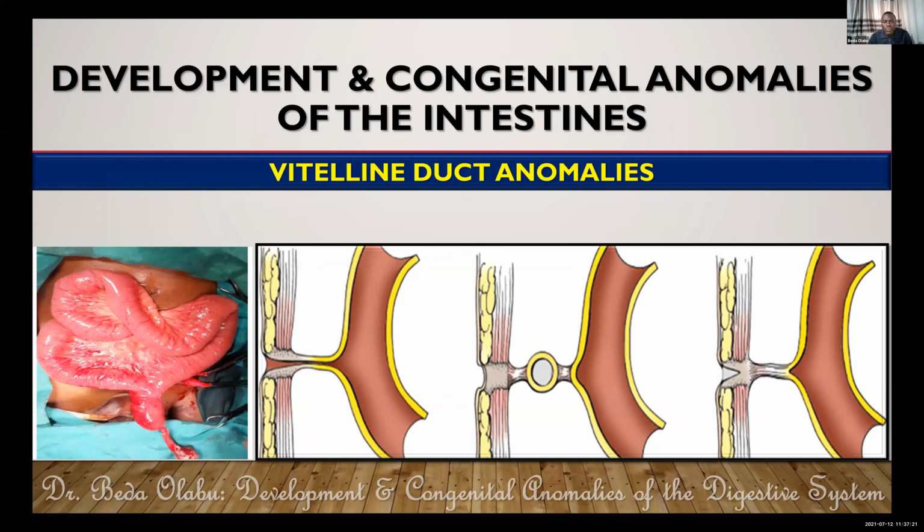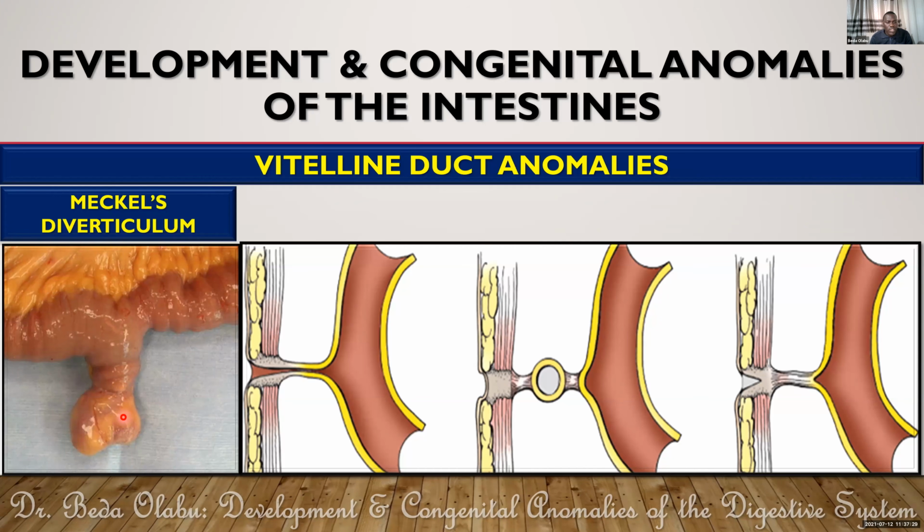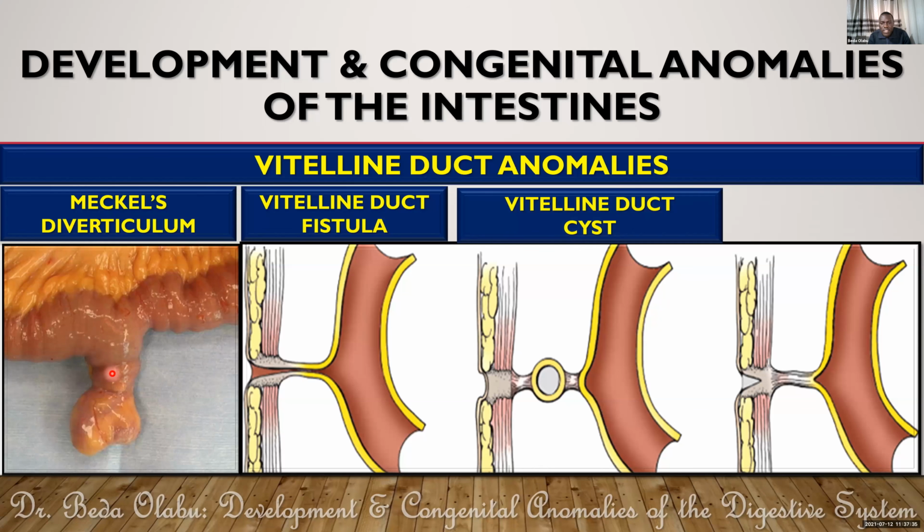So you may have Meckel's diverticulum, which you see there, or that one, that's still Meckel's diverticulum. That is vitelline duct fistula, vitelline duct cyst, vitelline duct sinus on this end, and fibrous cord that one.